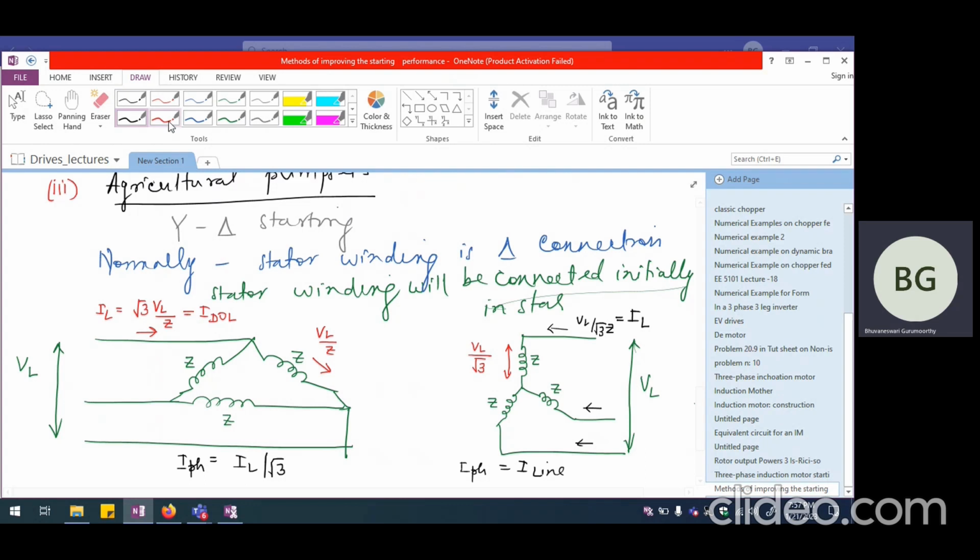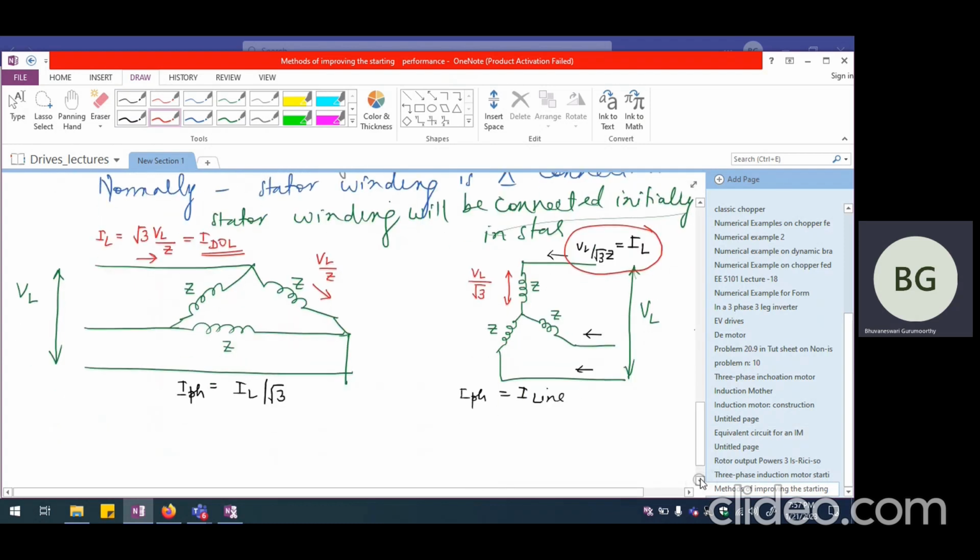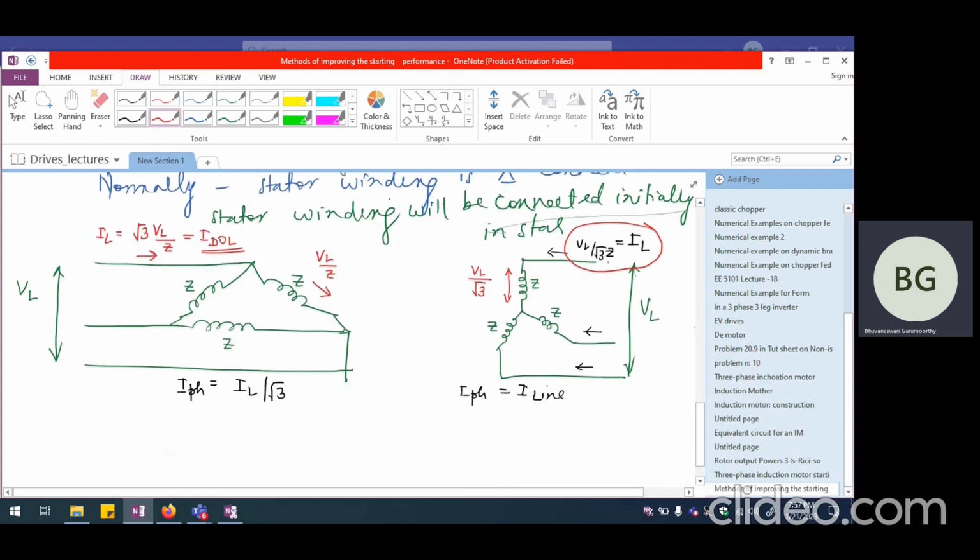So if I connect the stator winding initially in star, as compared to the direct online starting current, the line current in star connection will be 1/3, because this is VL divided by √3 Z, whereas this is √3 times VL by Z. So I should say I_DOL divided by I_star during starting is basically having a factor of 3.